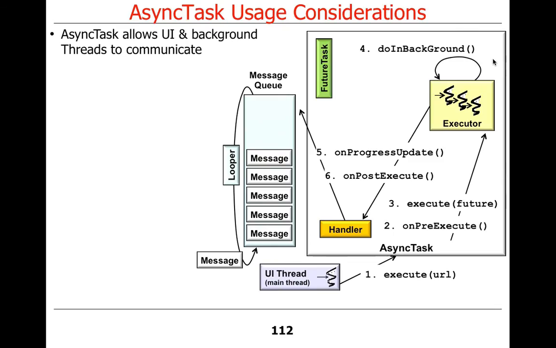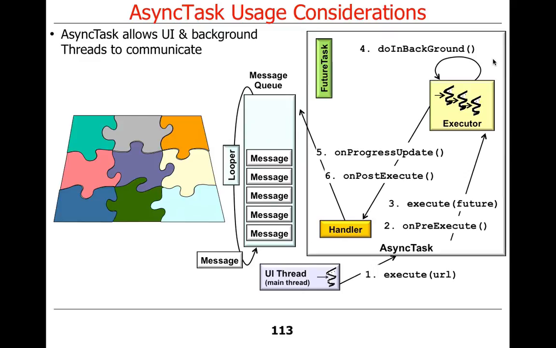OK. So here are some things to think about when you use this particular capability in Android. They allow UI and background threads to communicate with each other. They're more tightly coupled, tightly connected in a good way in this case. You say execute. That goes ahead and gives some work to the executor.